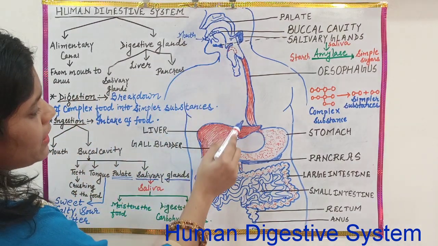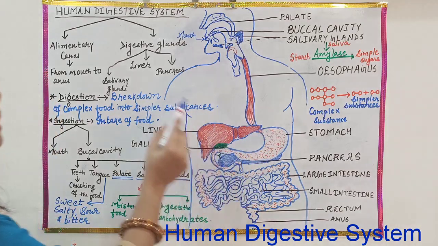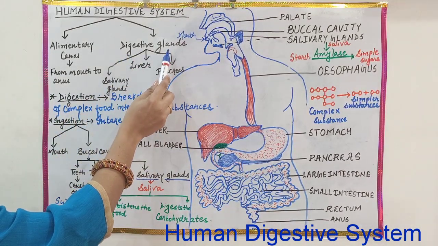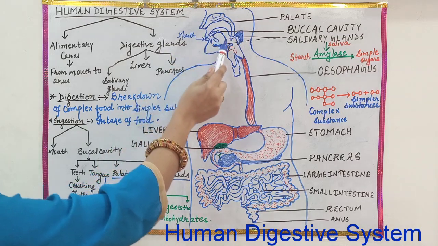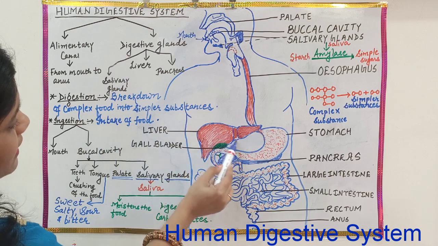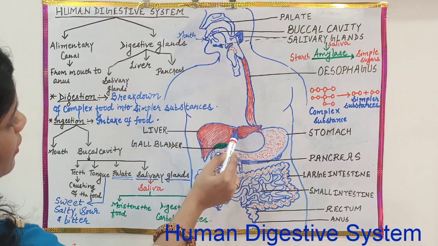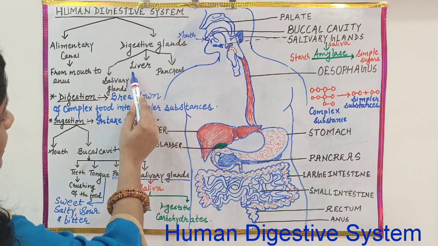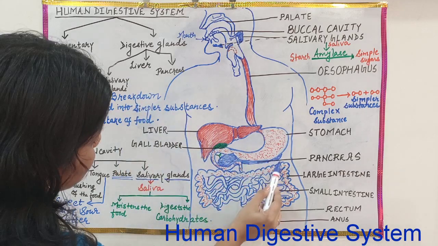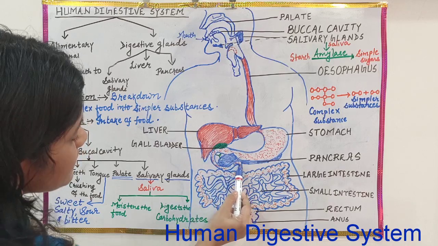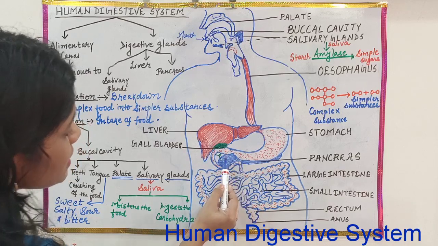Apart from this tube, the digestive system also includes the digestive glands. One of them is present inside the mouth, called the salivary glands. Another one is the largest gland of the body, present on the right side of the body, called the liver, and the pancreas, which is present in the loop of the small intestine on the posterior side.